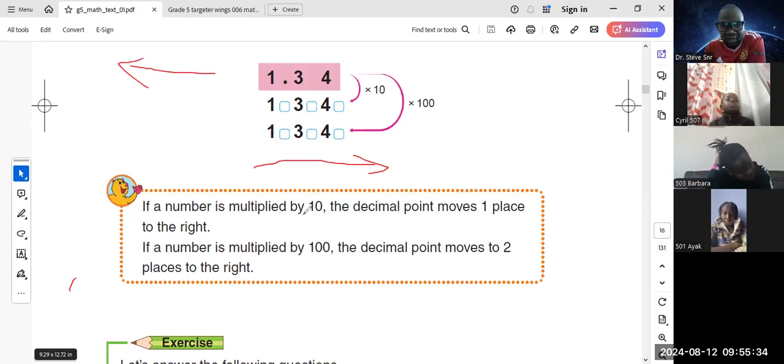So if a number is multiplied by 10, the decimal place moves 1 place to the right. For example, we have 1.34 multiplied by 10. What will be our answer? The point is here.